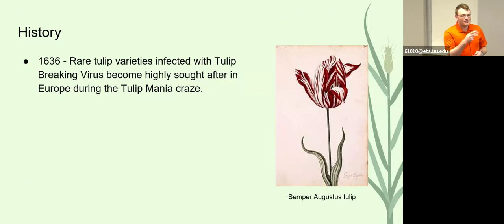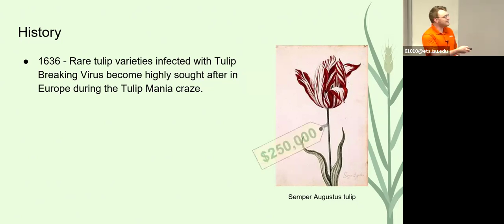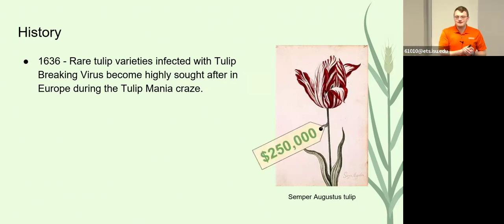If you convert then prices to now prices, that's a $250,000 flower for one bulb. So if you think about it with your average wage earner's income, a $250,000 flower is insane. Unfortunately, with this Semper Augustus tulip, we don't have them anymore.